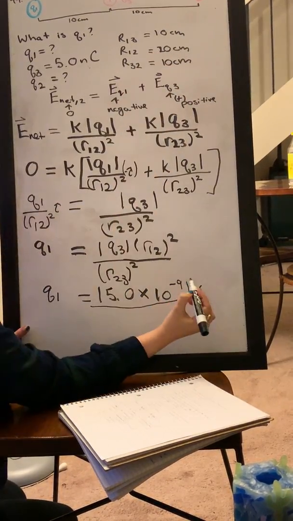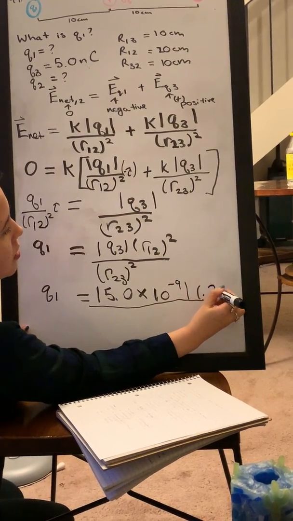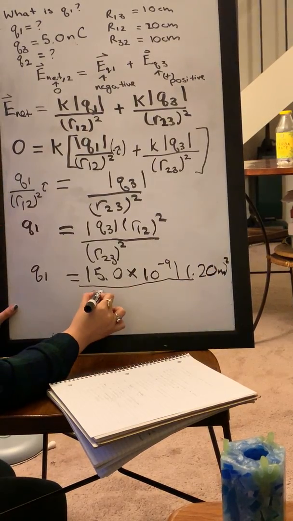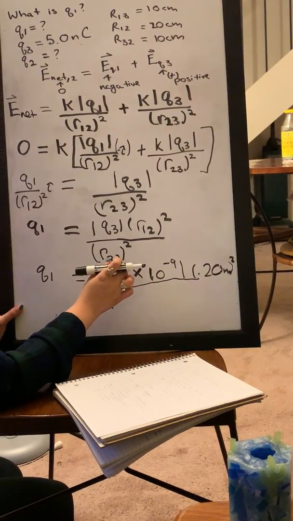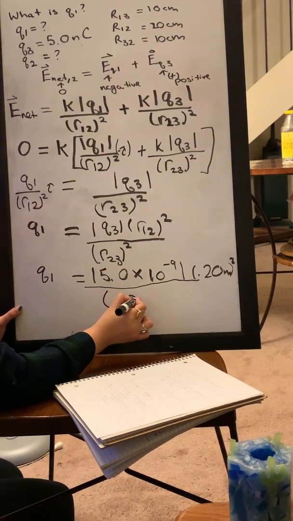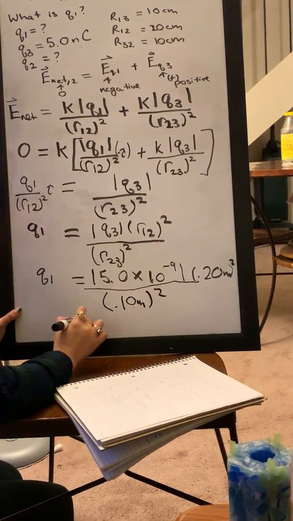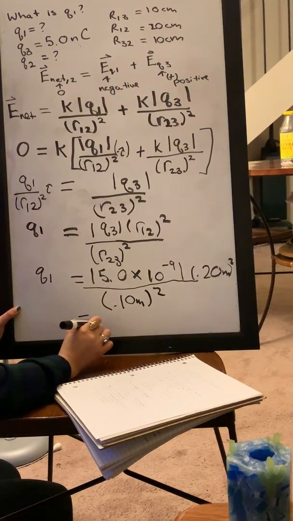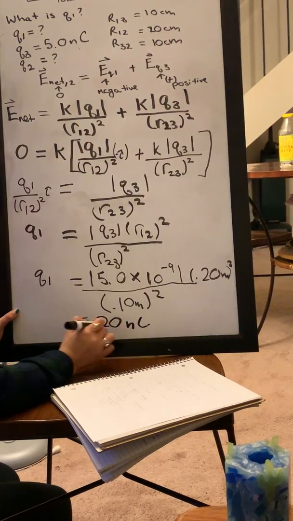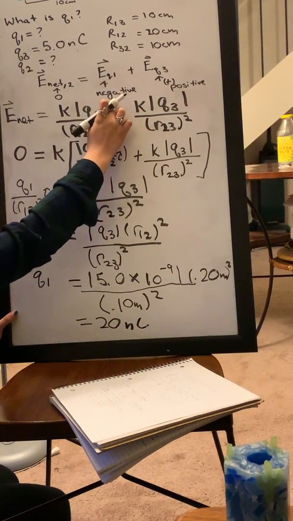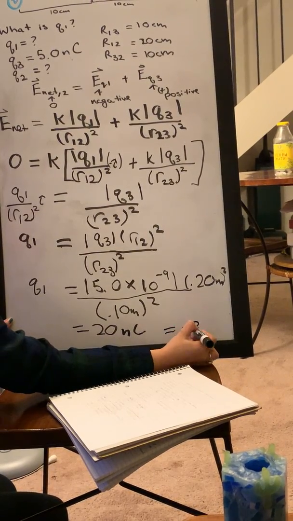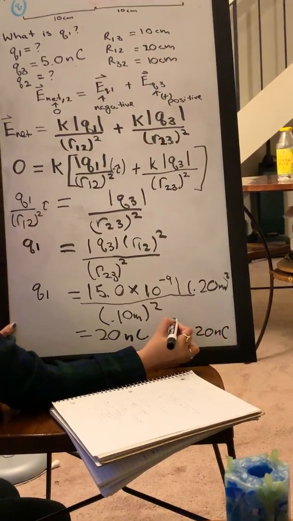R12 is 0.2 meters, squared, divided by R23, which is the same thing as this, 0.1 meter squared. And when you do all that, you will get 20 nanocoulombs. And since we know that it has to be negative, as mentioned here, Q1 will equal negative 20 nanocoulombs.